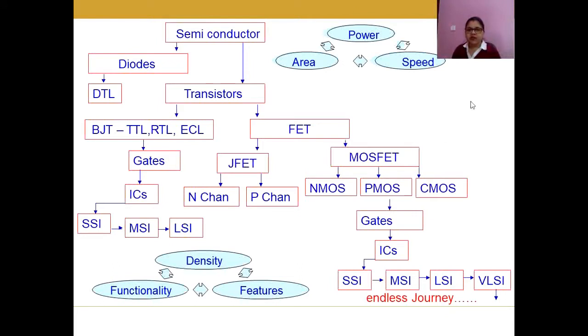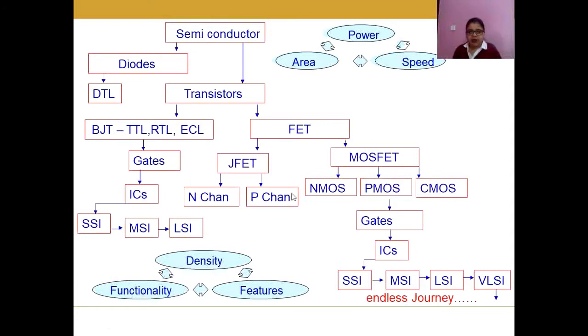And if we talk of this trade-off triangle, then the MOSFET fits into it. Whatever be the specifications we need out of area, power consumption, and the speed of the circuitry or the system, the MOSFET is able to give all those specifications.